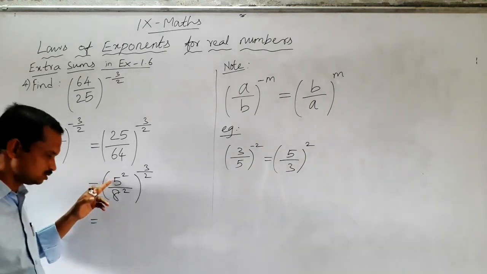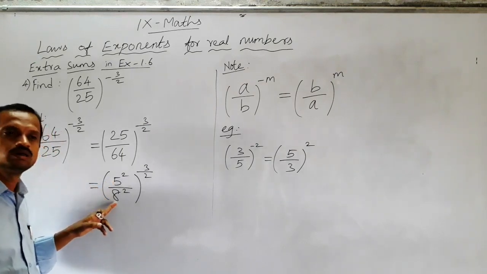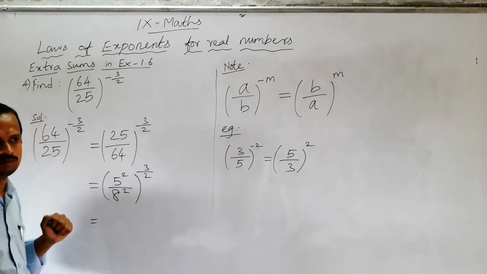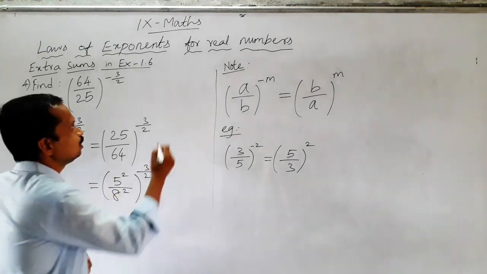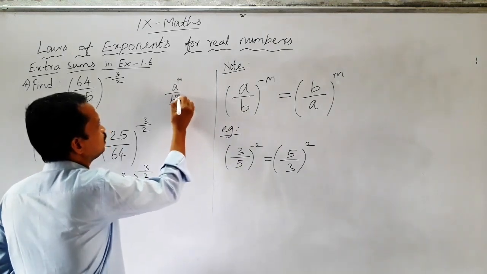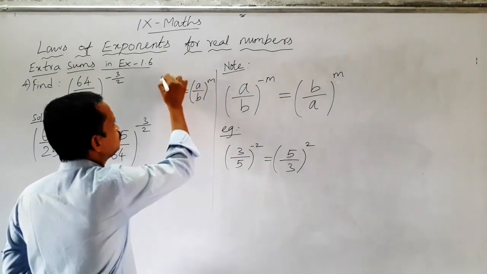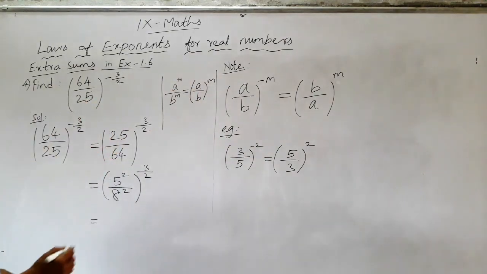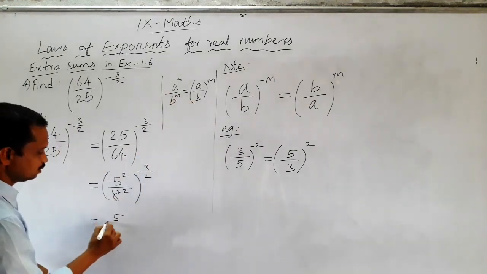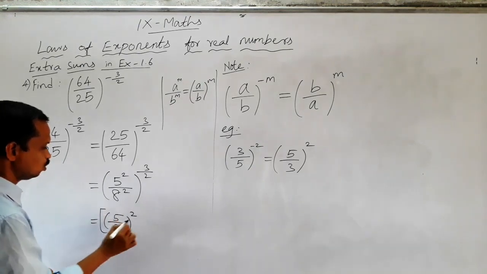You see the numerator of the base is 5 and the denominator is 8, but the exponents are the same. So you know that a power m by b power m is nothing but a by b whole power m. For a common exponent, we can write like this. So I write 5 by 8 whole power 2.